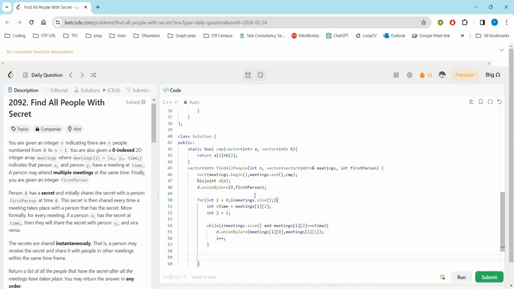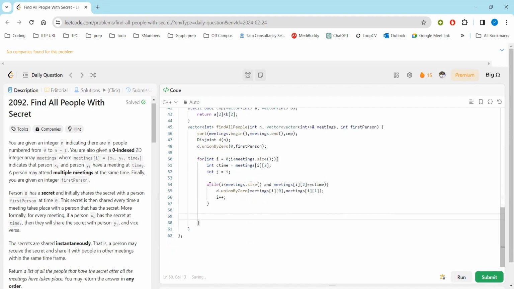Now, there can be a scenario that we have updated the ultimate source of secret for a particular group. Suppose after this operation we may have formed a group with meeting connectivity, like A to B we have a meeting, B to C we have a meeting, and C to D we have a meeting.